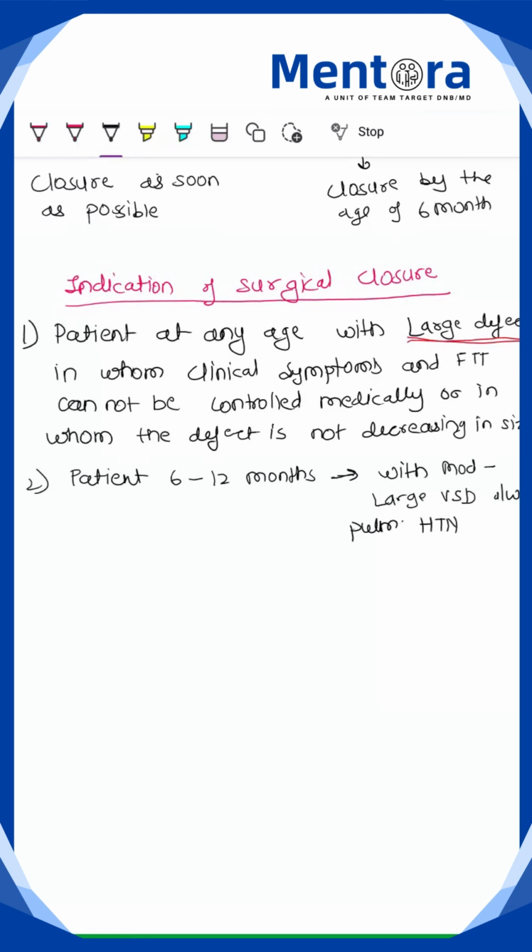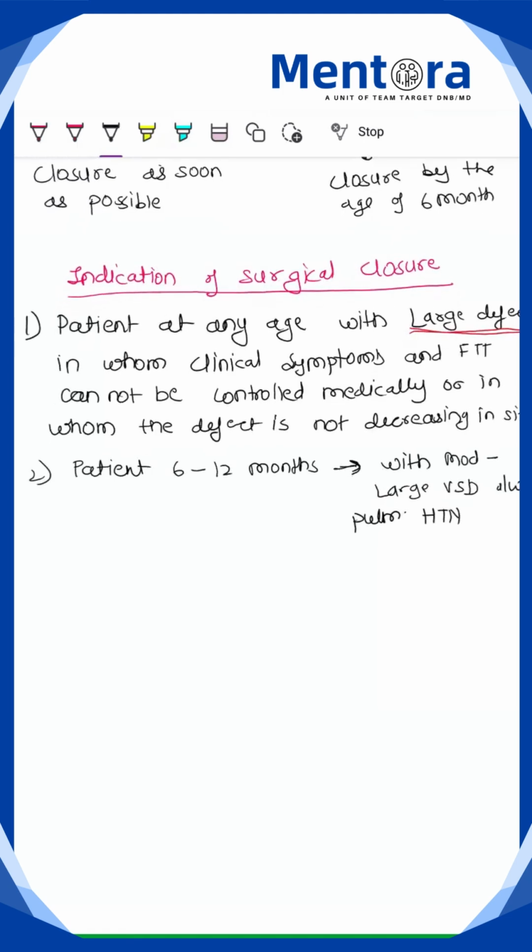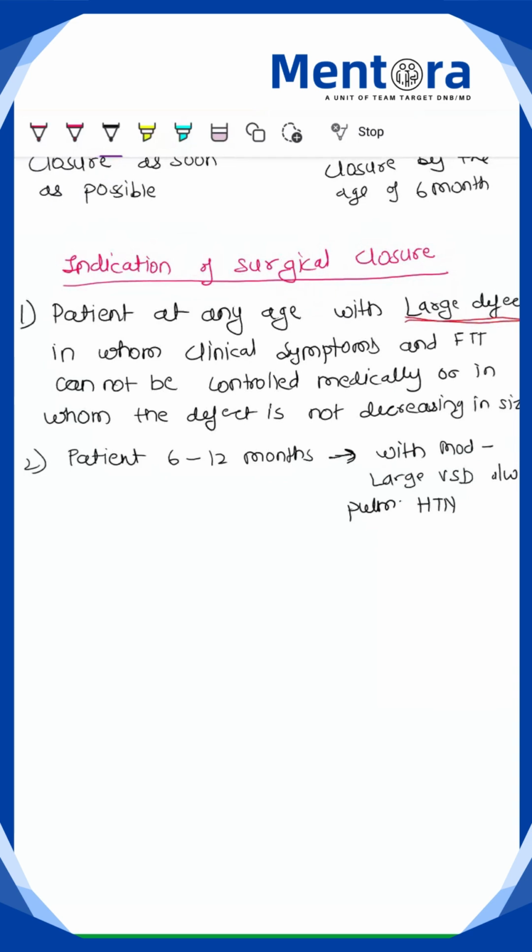So patient between age of 6 to 12 months, if they are having moderate to large VSD along with pulmonary hypertension, they should be done with surgical closure even if symptoms are controlled with medication.